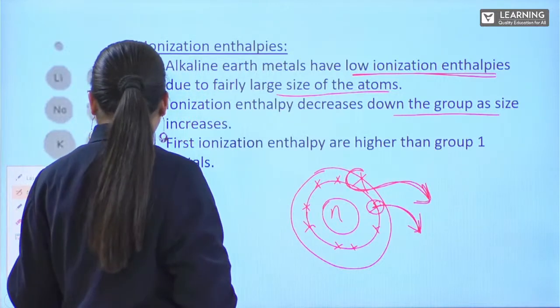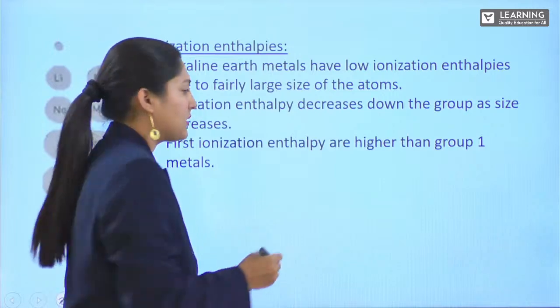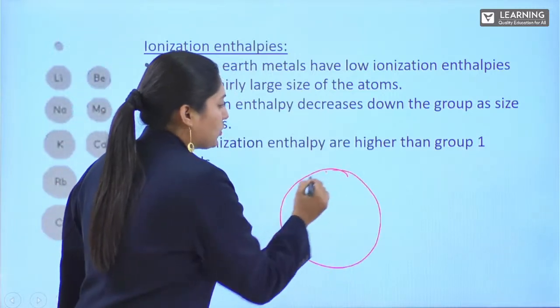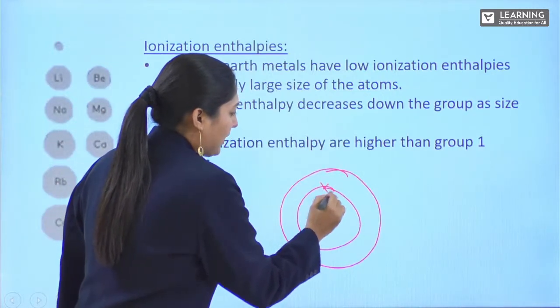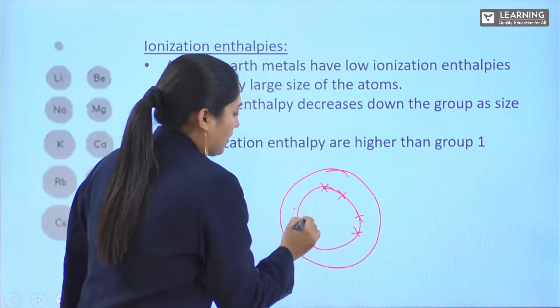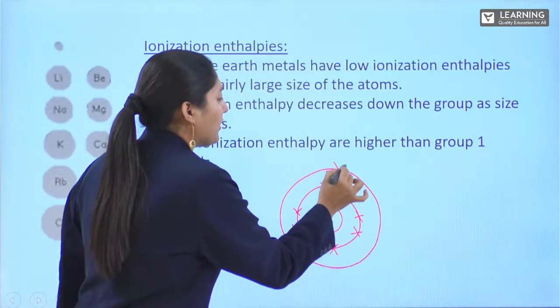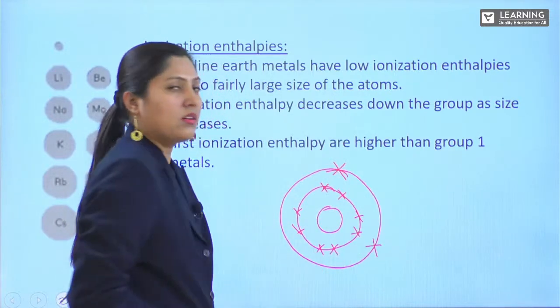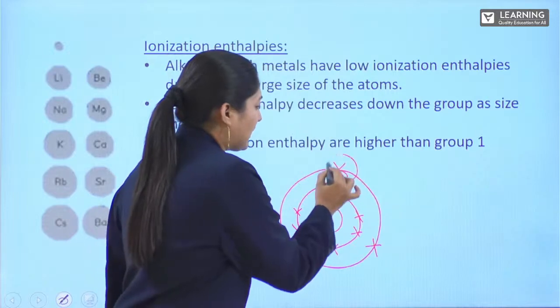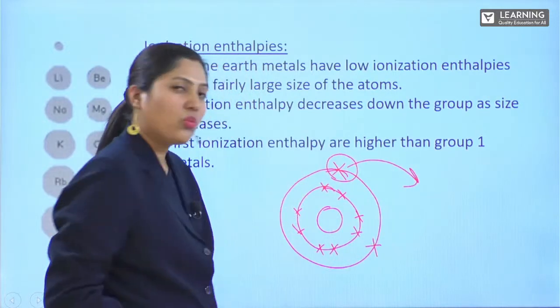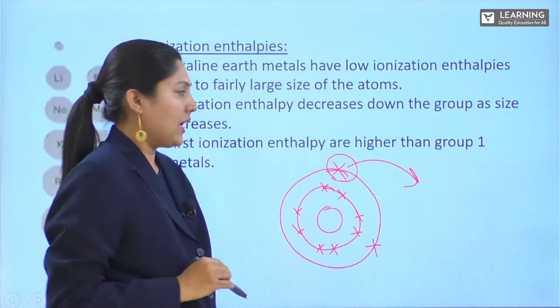But what happens with the alkaline earth metals? In the inner core we have 8 electrons. The nucleus will be here, with 2 electrons in the outermost shell. Now the first electron is removed, and we call that the first ionization enthalpy.